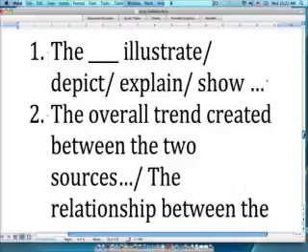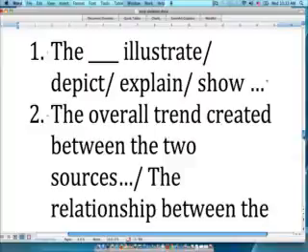Sometimes it depends on what kind of data you're given and how much time you need and how many sentences you need to explain it. But roughly 9 or 10 sentences is what we're aiming for, and that will put us at just above 150 words. It will also be a structure that we can complete within 18 minutes, which provides us with 2 minutes at the end with which we can review what we have written.